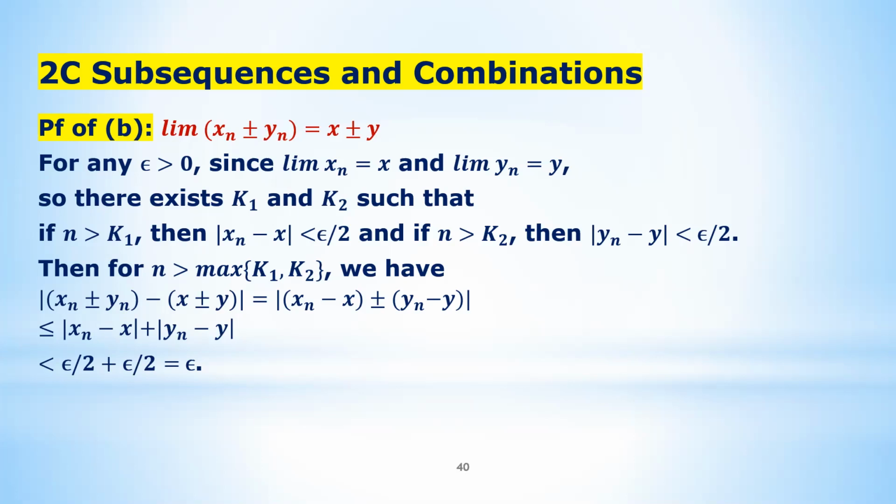So from the beginning to the end, for any given epsilon, we see that the combined sequence will satisfy this final inequality. So that's the proof. And you can also see why we pick epsilon divided by 2: eventually in the end we want exactly epsilon. So that's the proof.